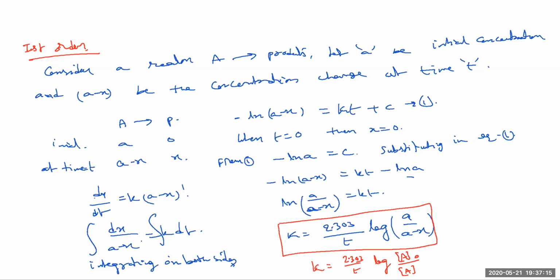What is the relation between natural logarithm and common logarithm? Understood?